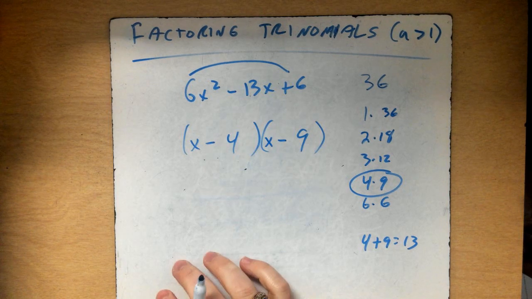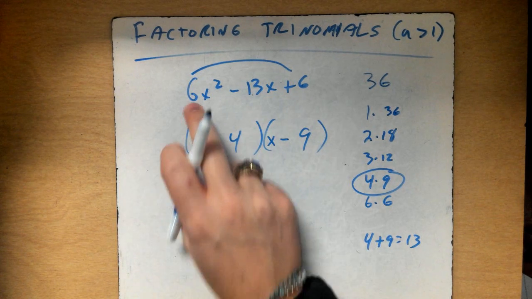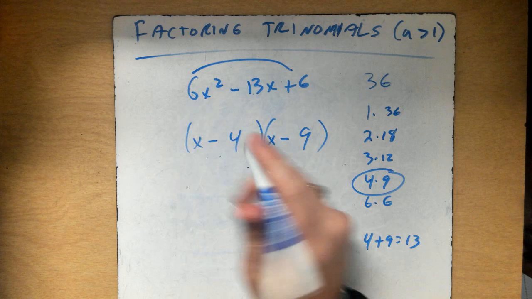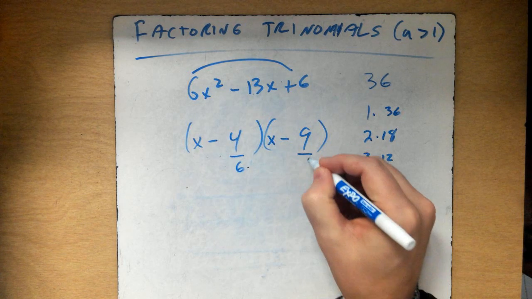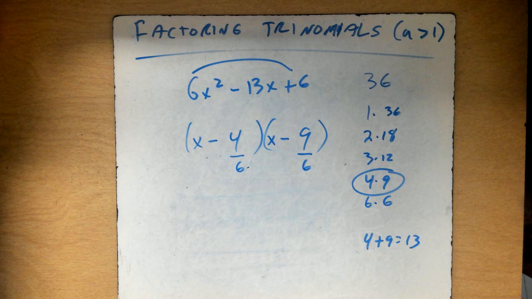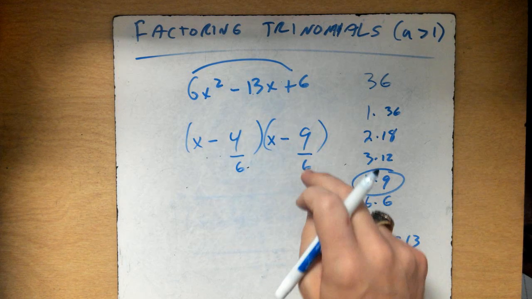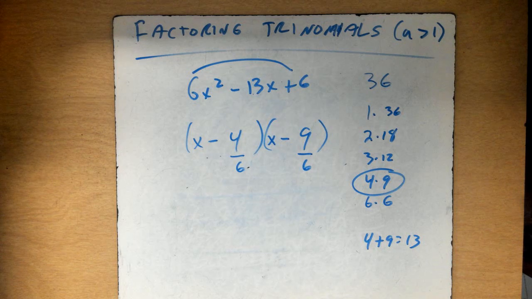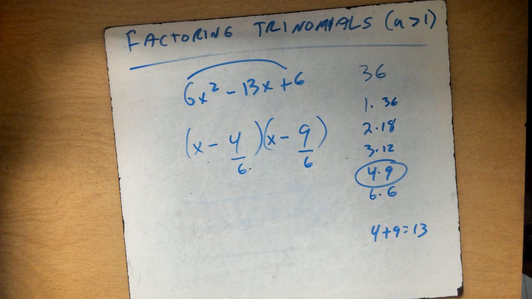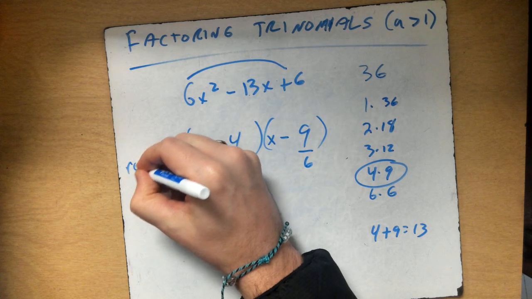Now here, I can take my lead coefficient, which is 6, and divide each of these numbers by 6. When I do that, if you look, they both don't really work out. 4 divided by 6, 9 divided by 6. But what I can do is reduce these numbers. So if it doesn't work out, I can reduce.